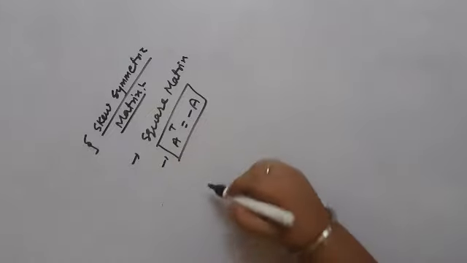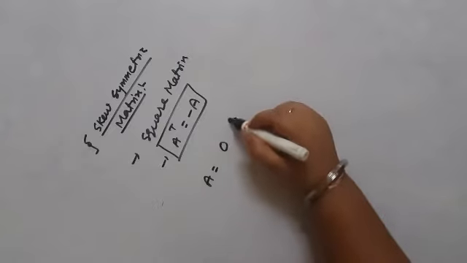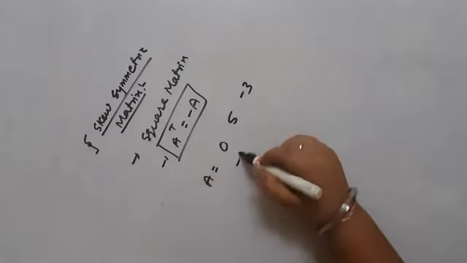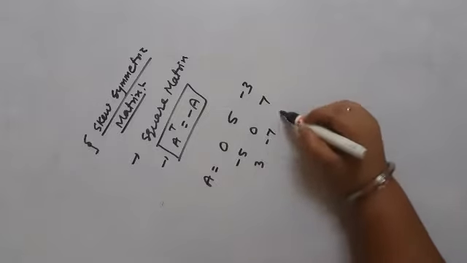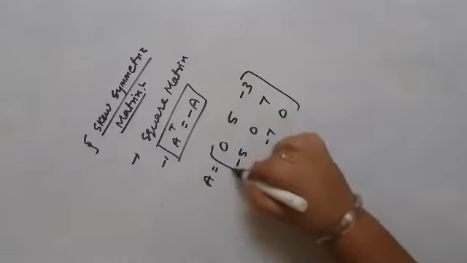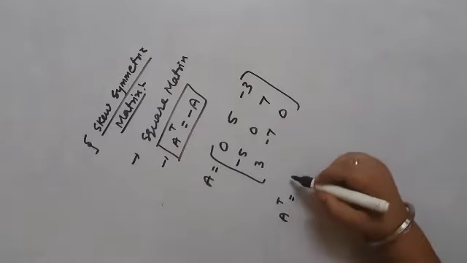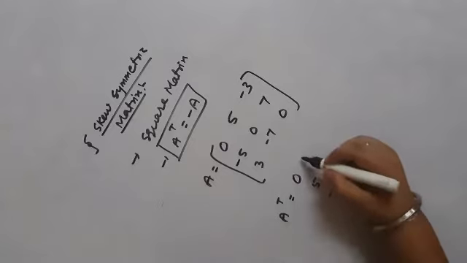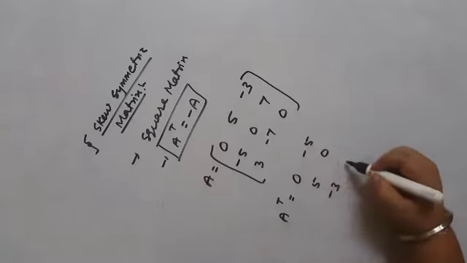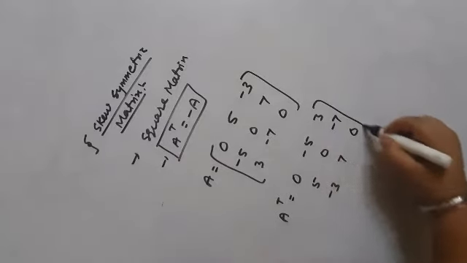Look at the example. Let matrix A = [0 5 -3; -5 0 7; 3 -7 0]. If we transpose the matrix A, then it will be [0 -5 3; 5 0 -7; -3 7 0].